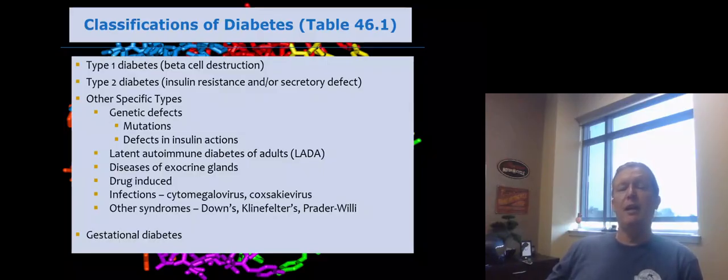Infections such as cytomegalovirus or Coxsackie virus could also precipitate it. And then other syndromes such as Down, Klinefelter, and Prader-Willi are all types of diabetes that manifest, again, from a generally genetic origin. And then you have, as I mentioned earlier, gestational diabetes.